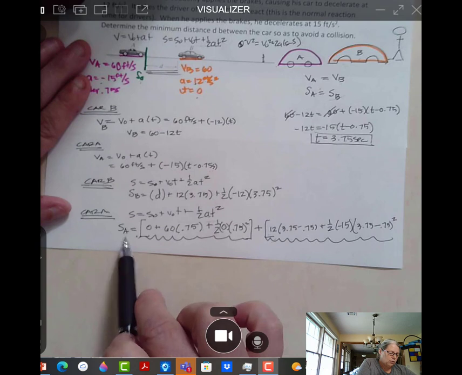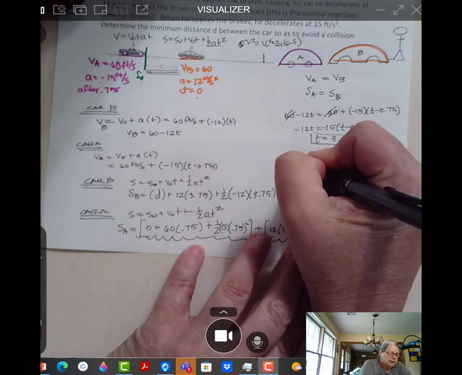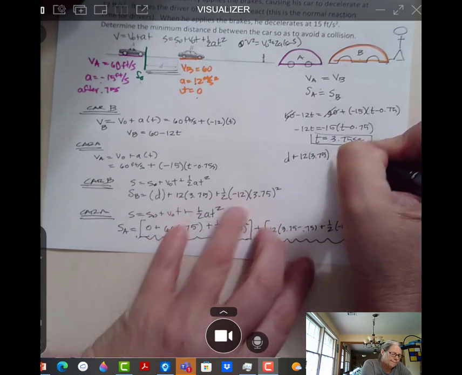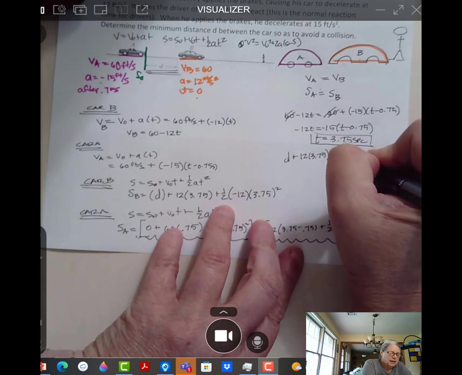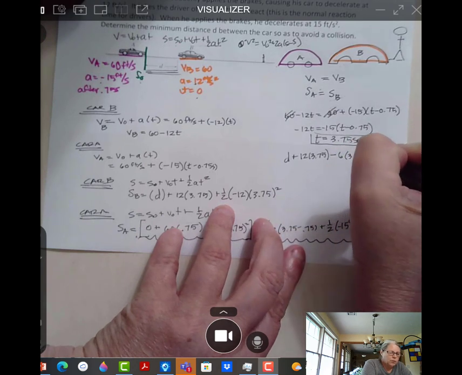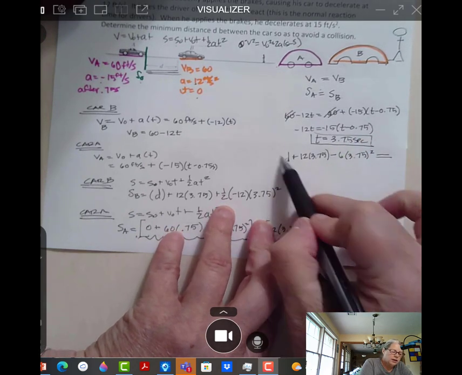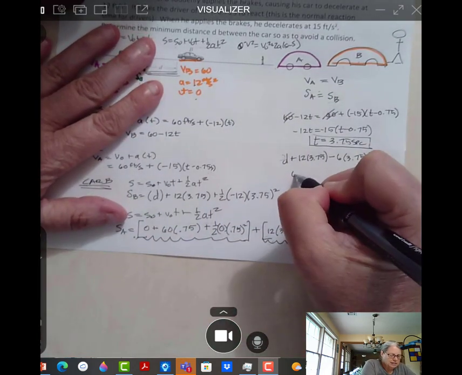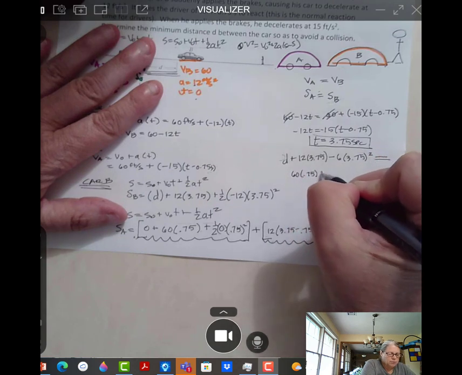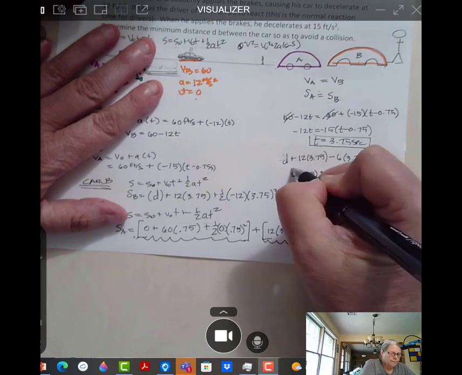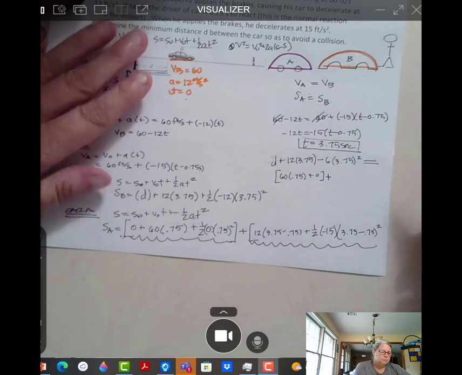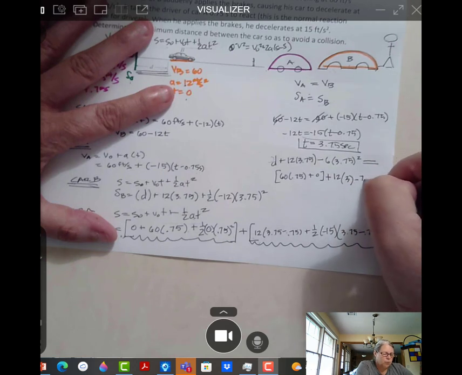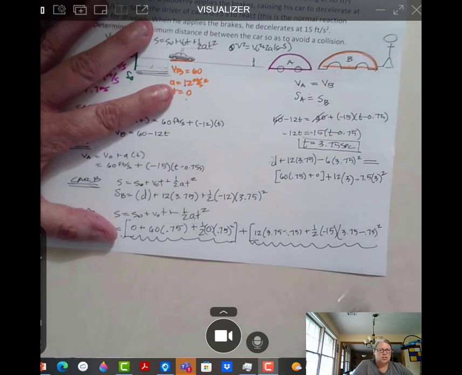Okay, SB equals SA. So I'm going to get D plus 12 times 3.75 minus 6 times 3.75 squared equals, so our only unknown here is the distance, equals this giant mess: 60 times 0.75 plus 0 plus 12 times 3 minus 7.5 times 3 squared.